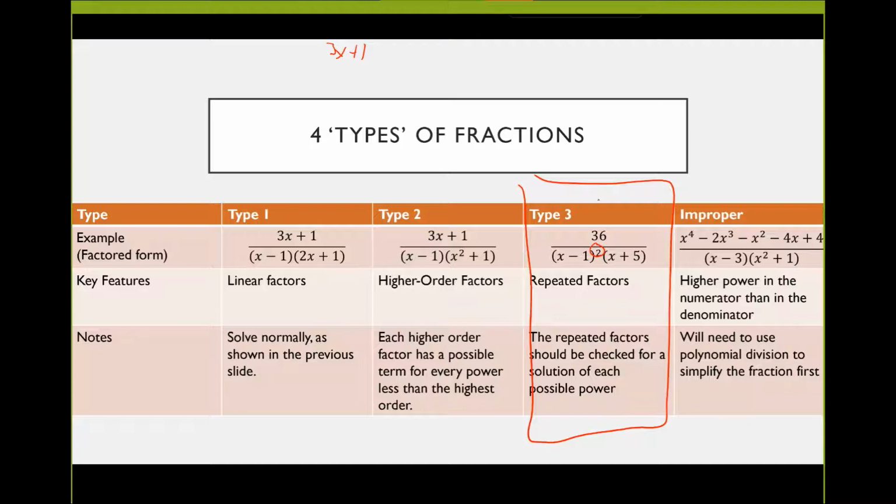So what that means is something like this. 36 over x minus 1 squared times x plus 5 could be broken apart into, actually, I can split this up just like this.